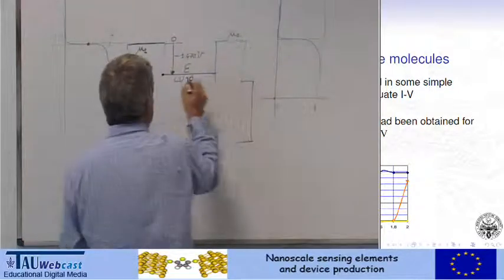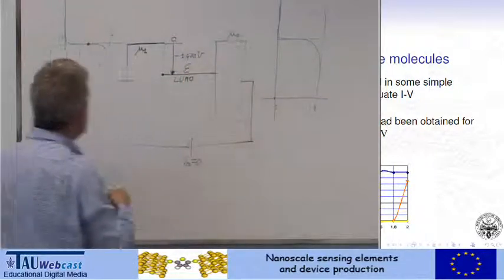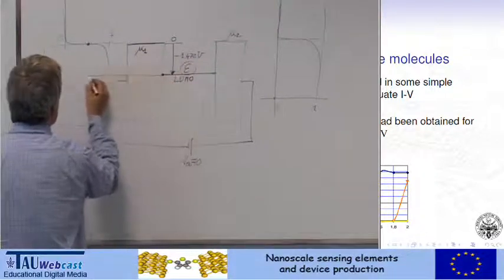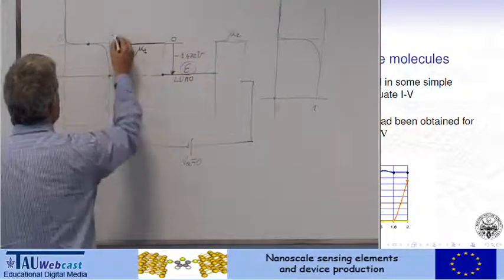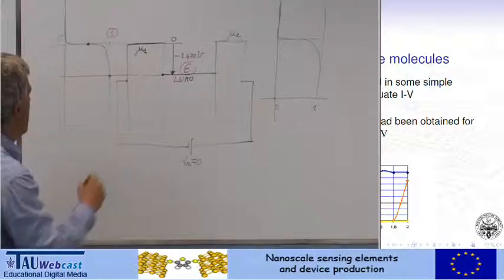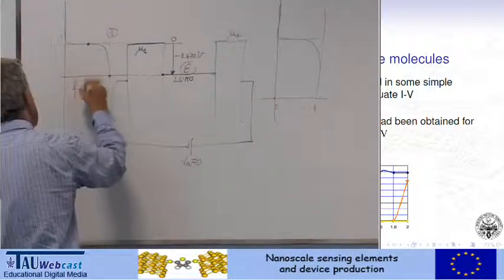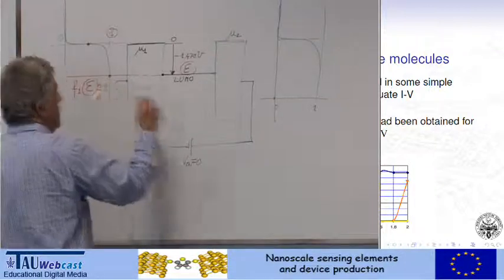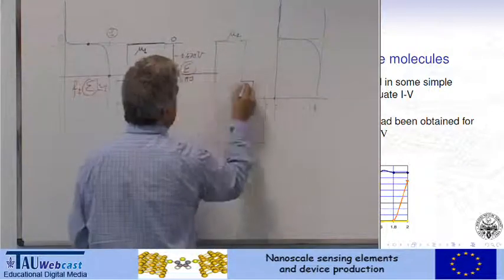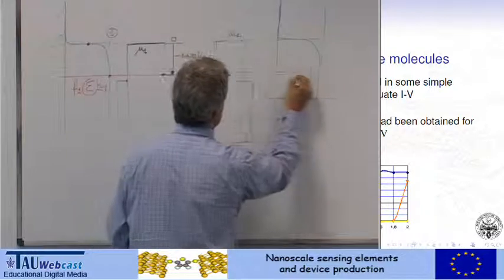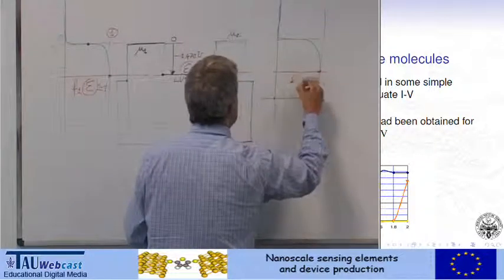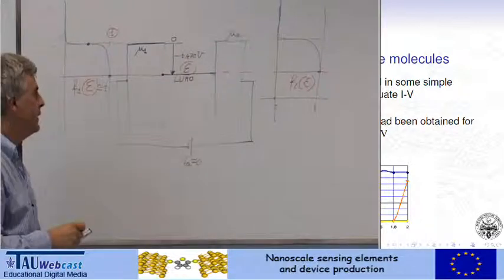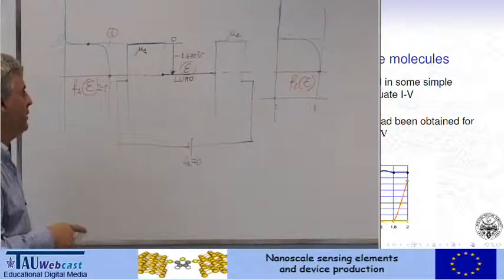So we consider just one molecular level, E, and the position is this one. So it's clear that the value for F1 of E is 1, and also here the value for F2 of the level E is 1. So the Landauer formula tells us that the current is 0.